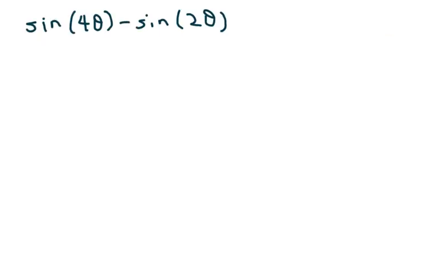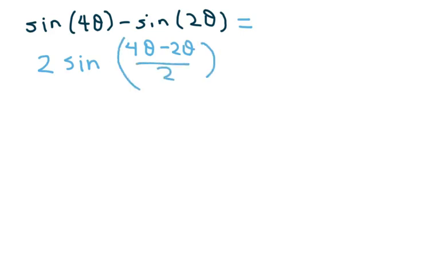So the first one we have is sine of 4 theta minus sine of 2 theta. And we want to express this as a product versus a sum. So what we're going to do is write this and use the formula on the previous page as 2 sine of your alpha, which is 4 theta, minus your beta over 2 times cosine of 4 theta plus 2 theta over 2.